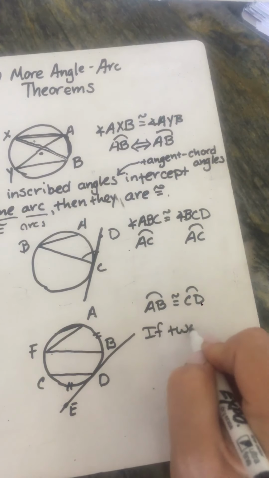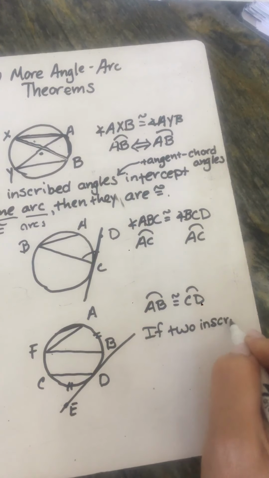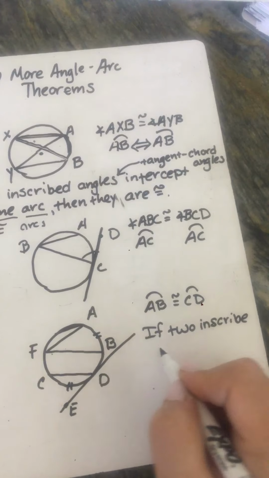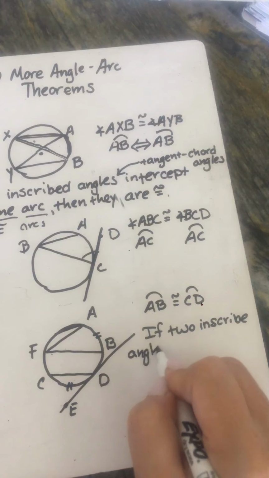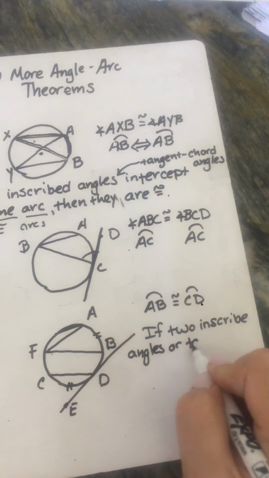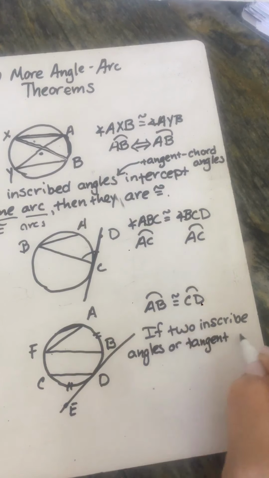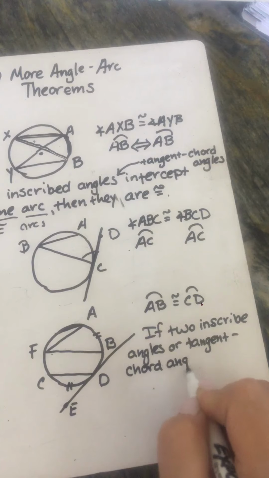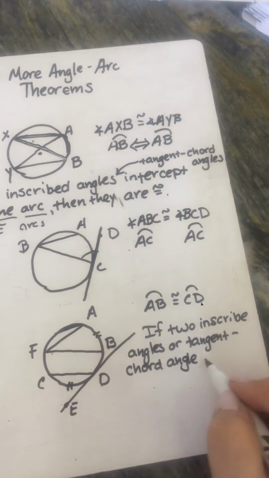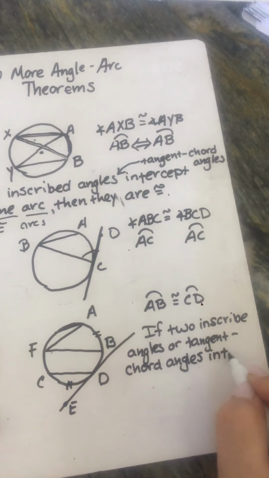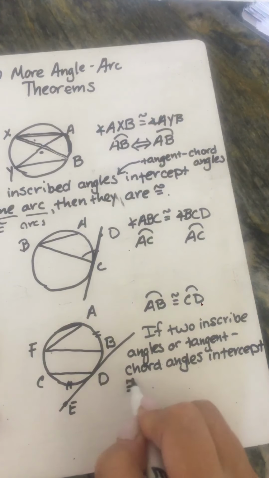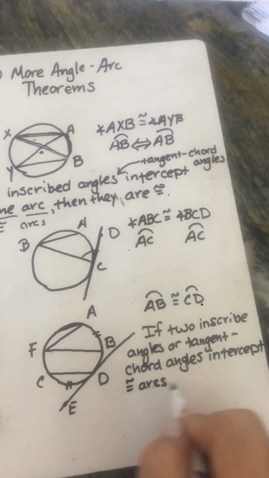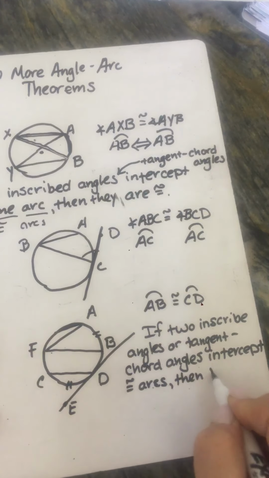If two inscribed angles or tangent chord angles intercept congruent arcs, then they are congruent.